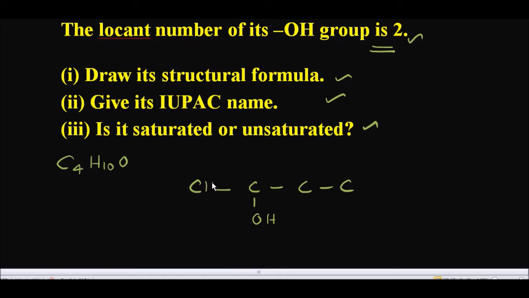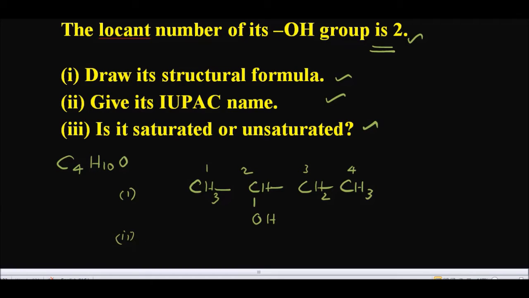Already one bond is there, so I can write CH3, and here it is H, here H2, and then H3. So totally there are 4 carbon atoms in the linear chain. The first part, the structural formula, is over, and we should find its IUPAC name.